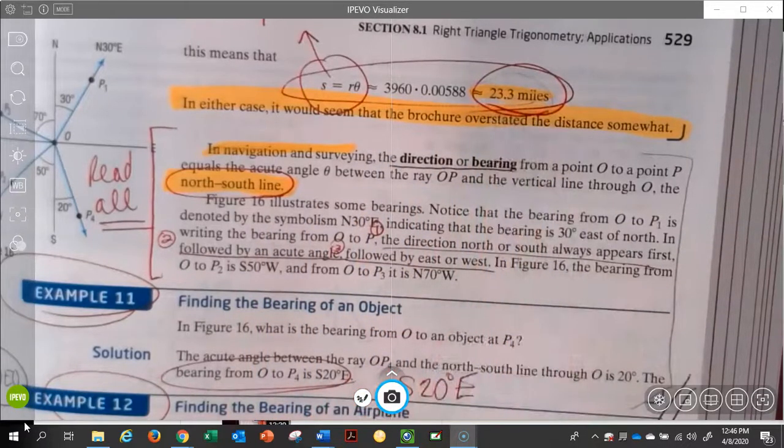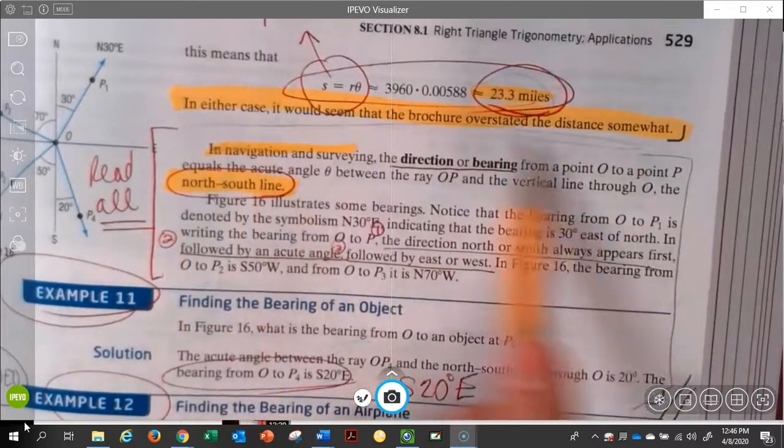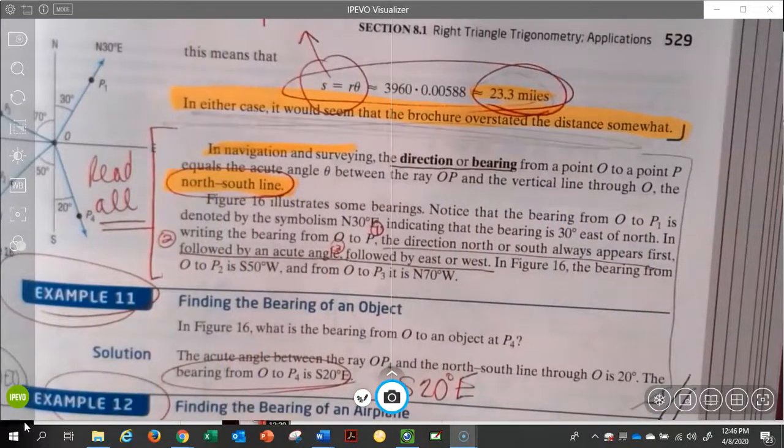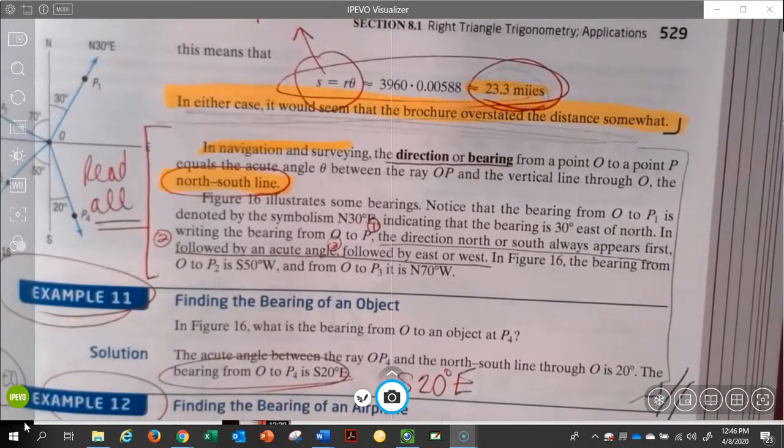So in statute miles, it says it's 23 miles that we can see. Bottom line, in either case, the brochure was a little bit stretching it. It overstated the distance of how far you could see on Gibbs Hill Lighthouse. We're through this problem. You might want to go back and hear it again, play around with it again, but we're moving on. Moving on to one more concept.